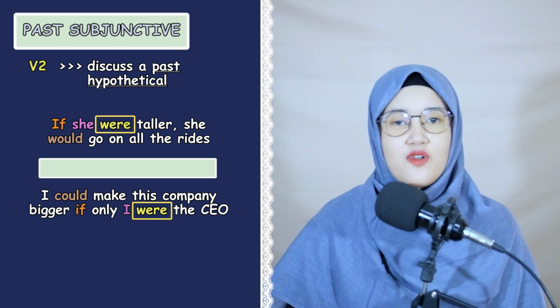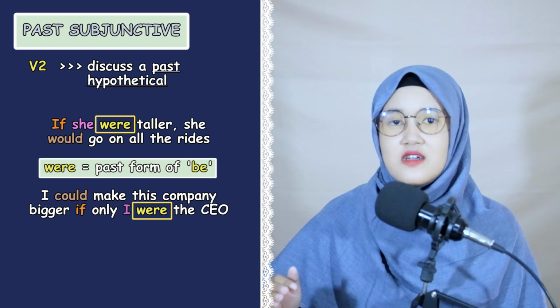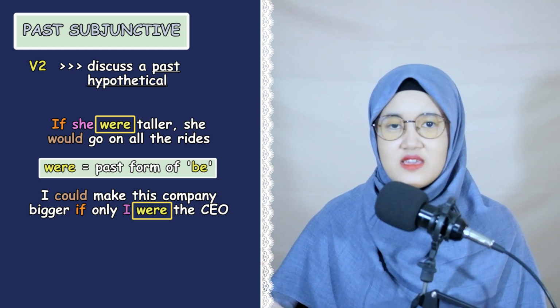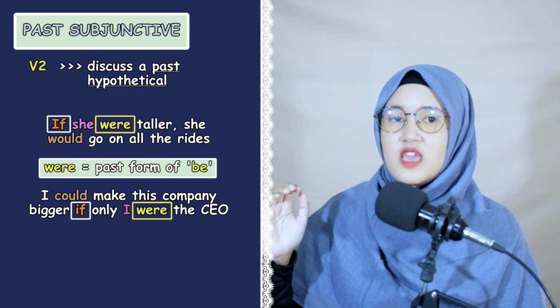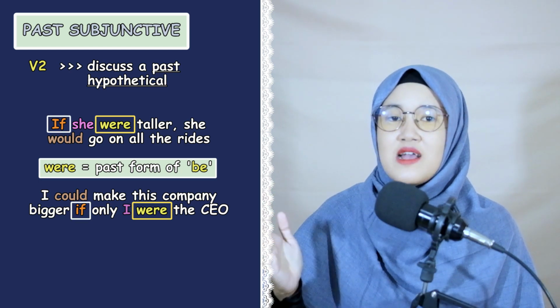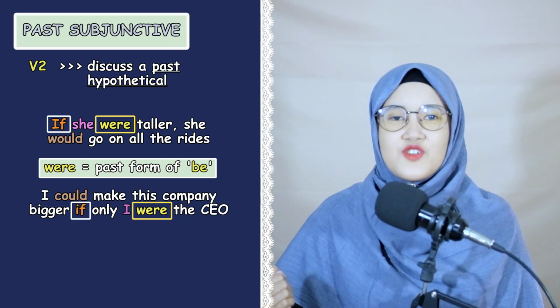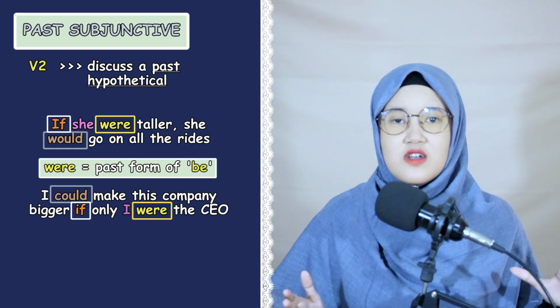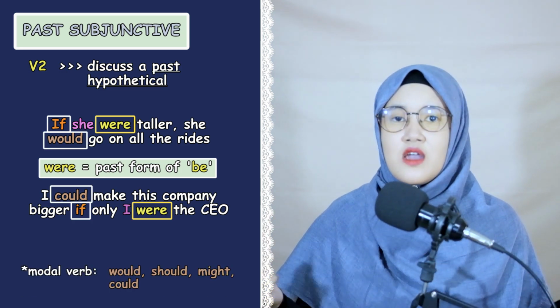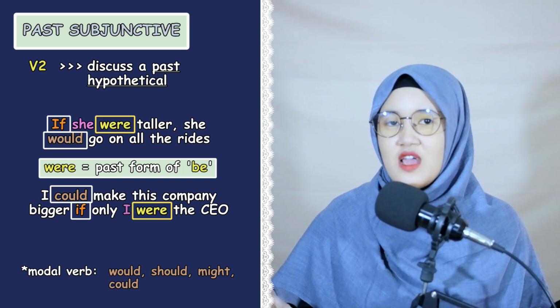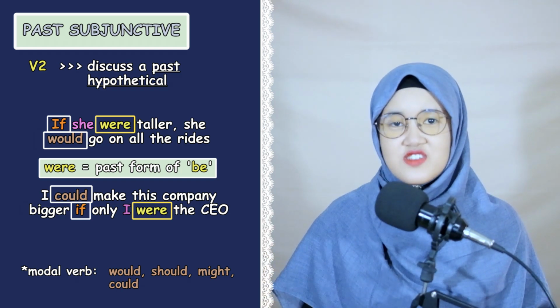In the subjunctive, were is used as the past form of be. When an if clause uses the past subjunctive form, usually it includes a modal verb like would, should, might, and could.